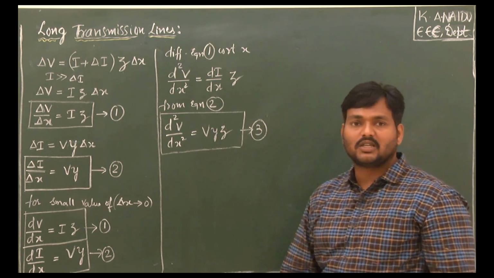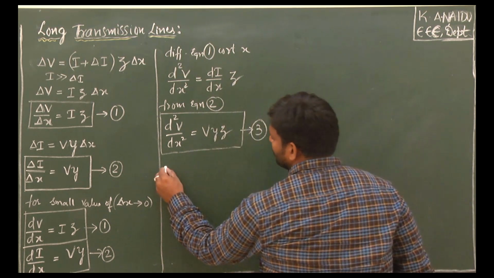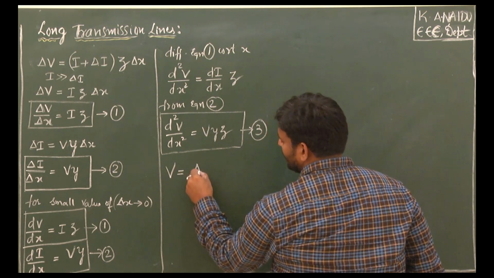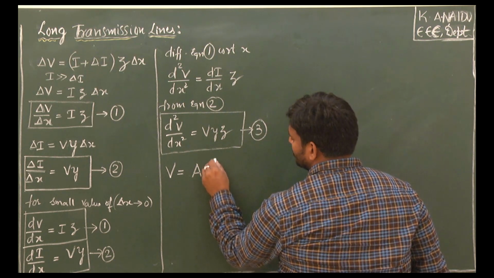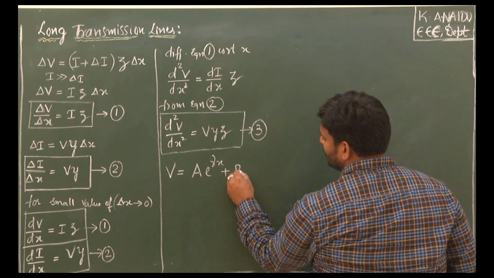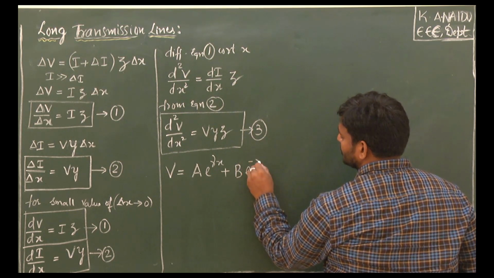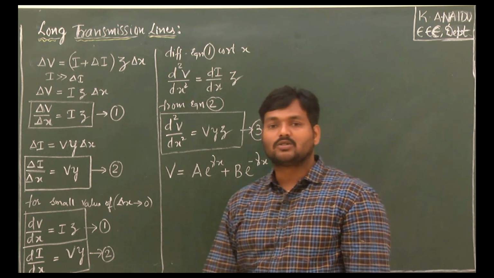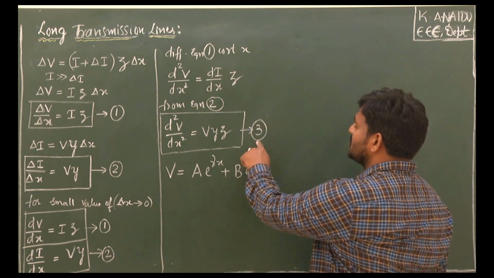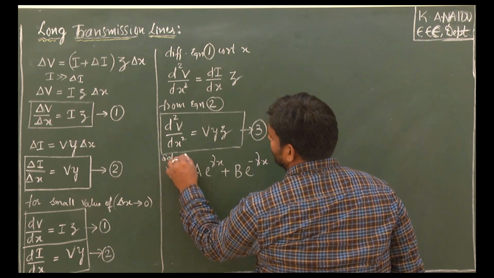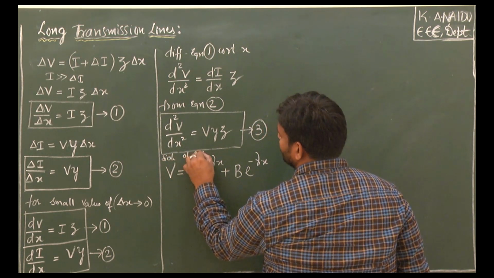The solution of this equation will be in the form of V is equal to some constant A into e power gamma x plus another constant B into e power minus gamma x. So this will be the solution of equation number 3.